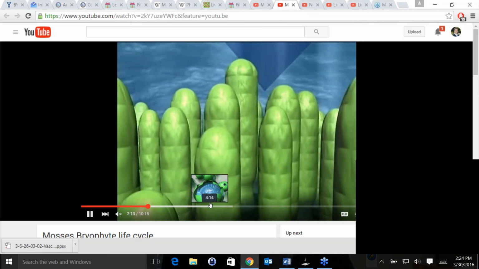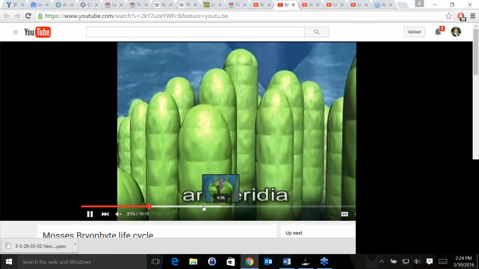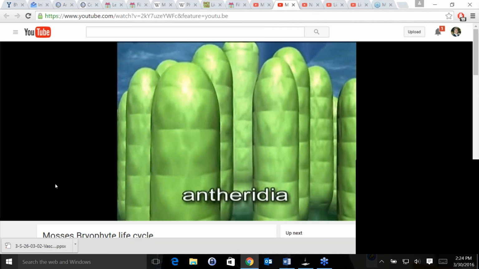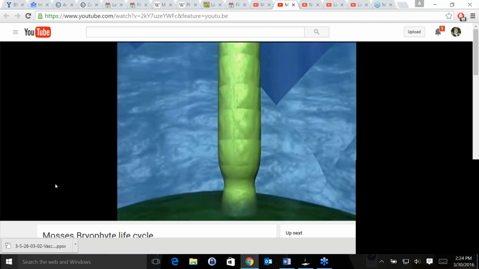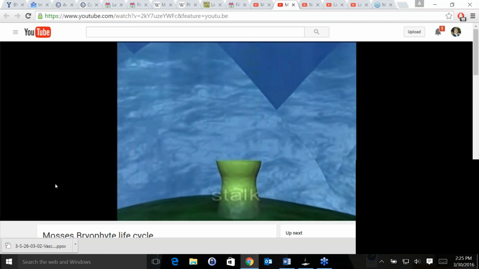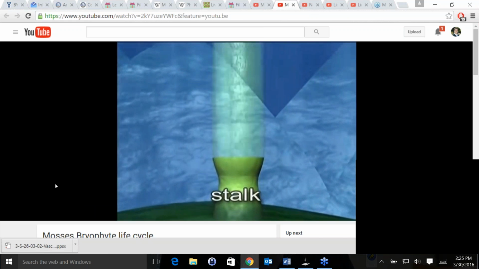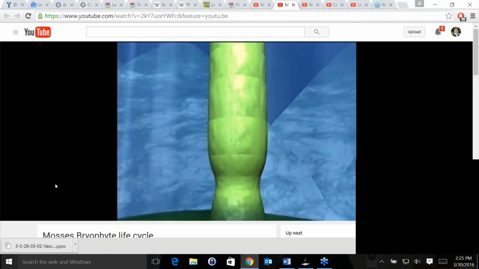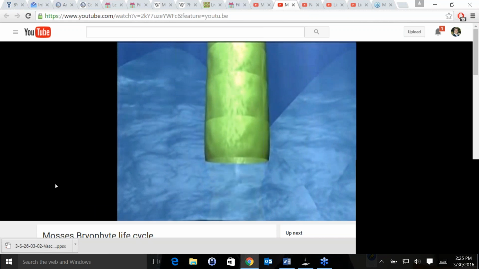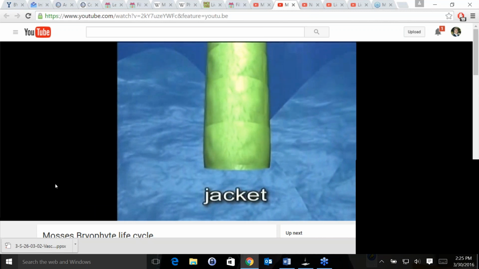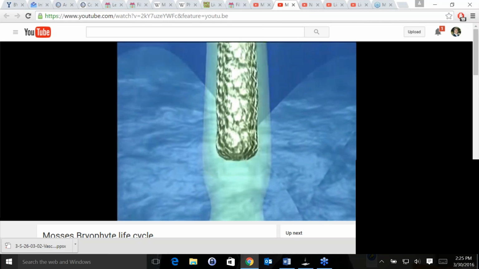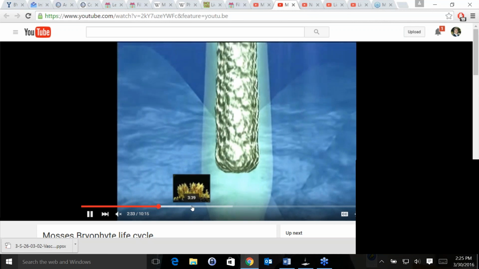There are three parts, and I'm going to start from the bottom to the top. First you have the stalk, followed by the venter, then followed by the neck. The stalk is pretty basic. That's where the plant gets a lot of its nutrients. The venter is a chamber where the egg is, and the neck is a canal that has a sperm attractant.